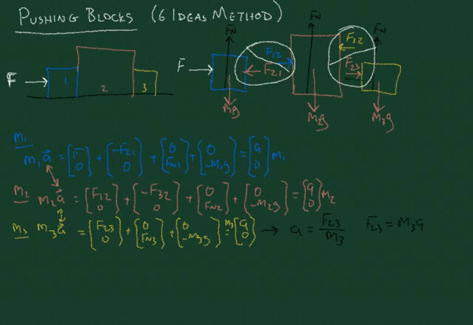Okay, so now we have f23. But we know that this is also equal to f32 in magnitude.